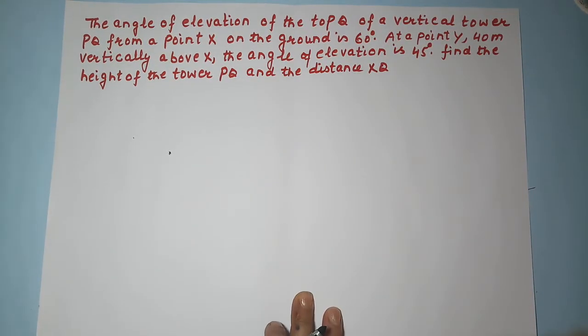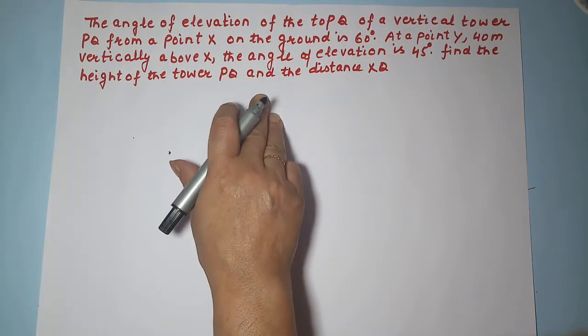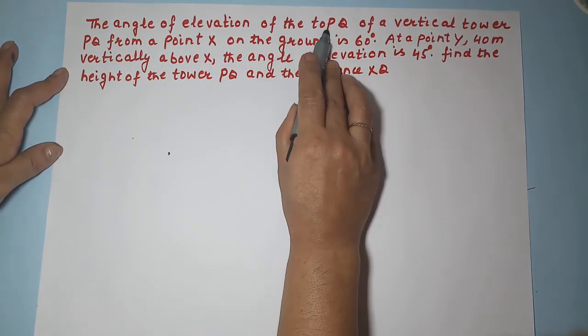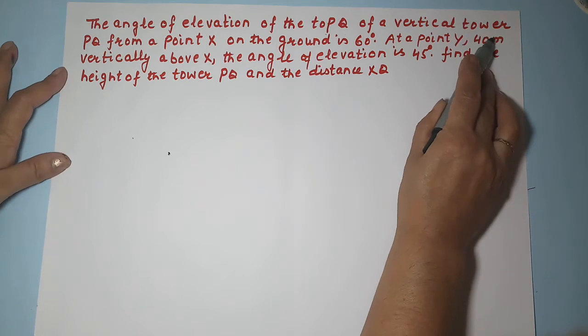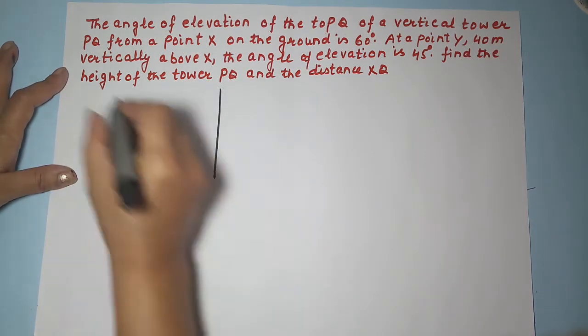Okay, now one more. Here, pay attention to how we make the figures. He's saying that the angle of elevation of the top Q of a vertical tower, we have a tower like this, PQ.